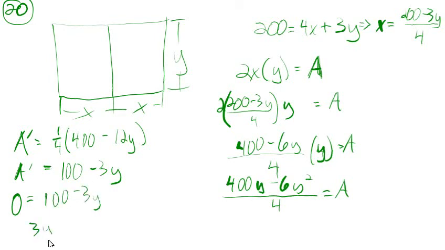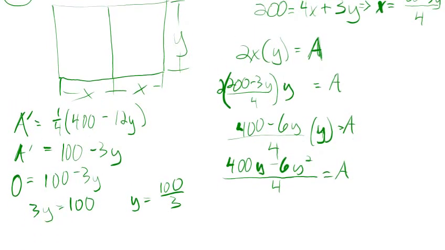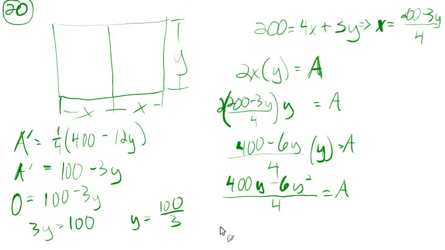So 3y equals 100, and y equals 100 over 3, which is approximately 33.33. And if y is 100 over 3, then x would be, well, 200 would be equal to 4x plus 3 times our choice for y, 100 over 3.